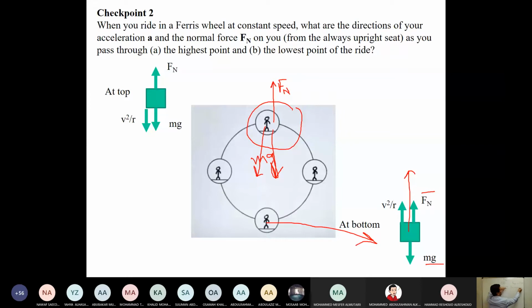These are the two forces, and under the action of these two forces, you are rotated. So there is a net force, and since the acceleration for circular motion is v squared by r, that's what you have. Oh yeah, I get this. Okay.